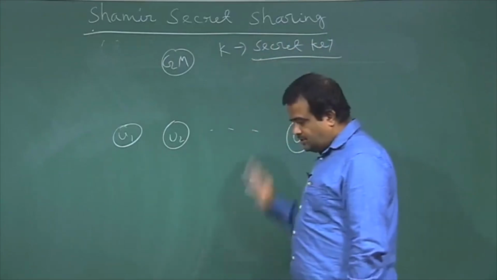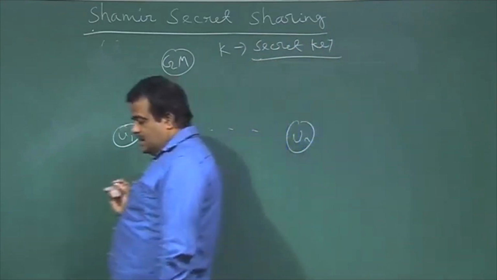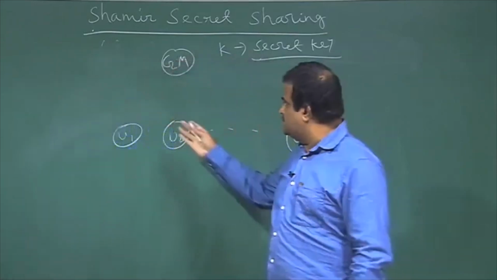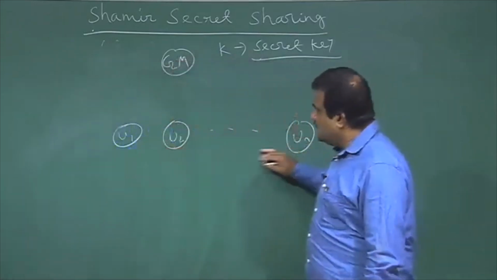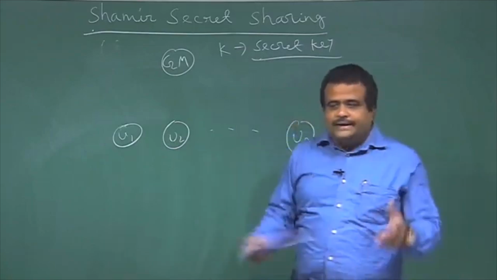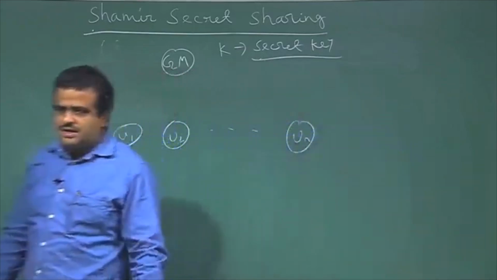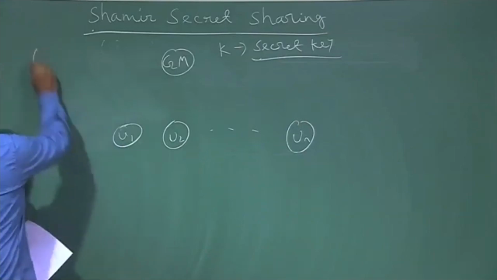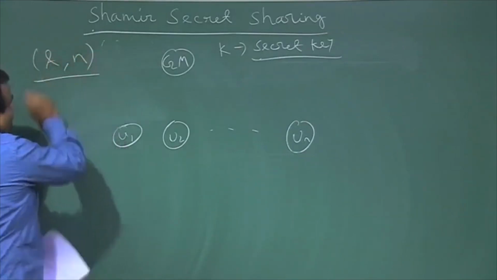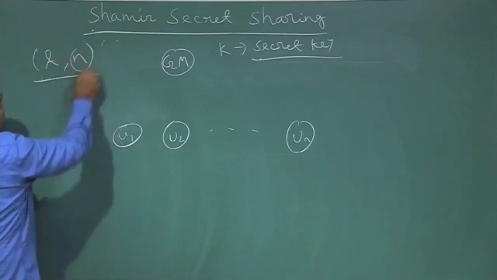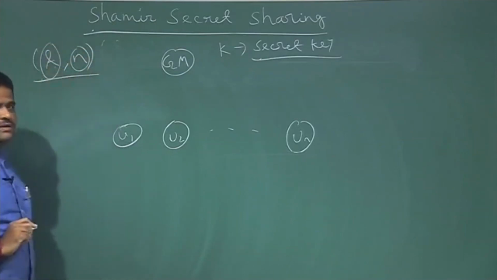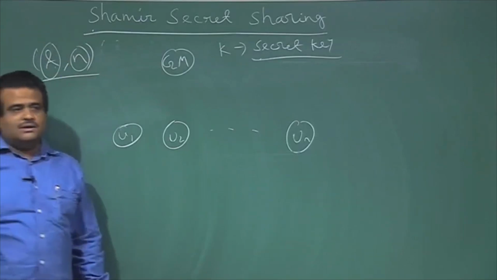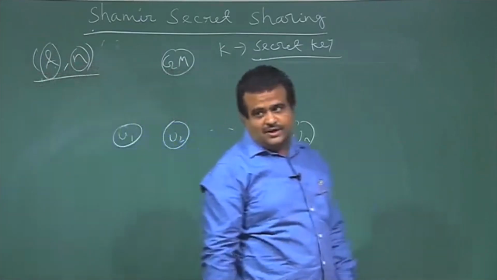The question is how we can share some information with these users so that when t users come together, they should be able to recover the key. That is called the t-n threshold secret sharing scheme. There are n users; if t users come together, they should be able to recover this secret key.